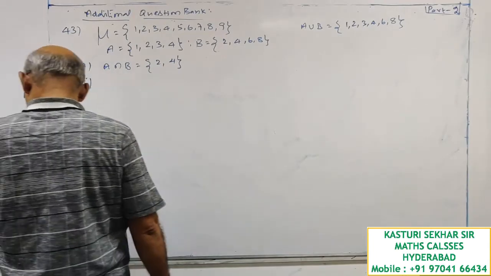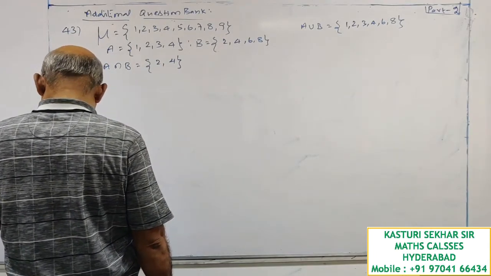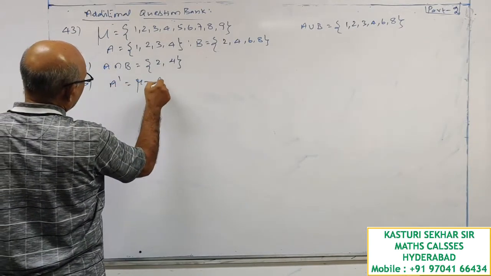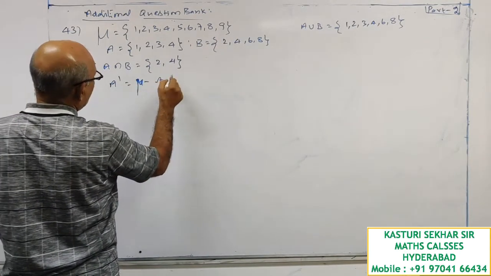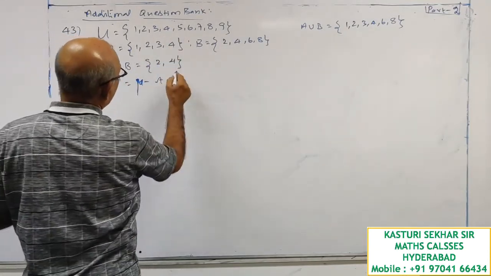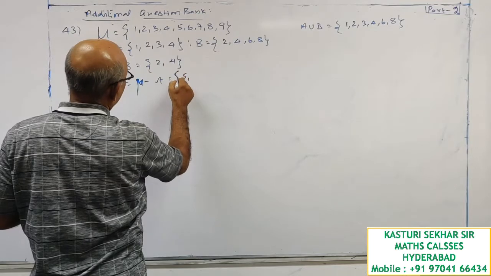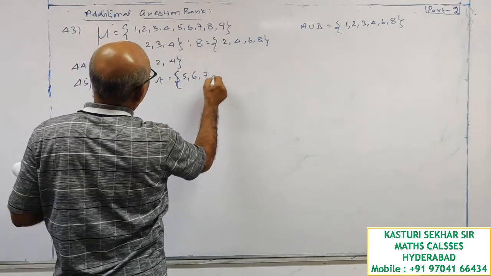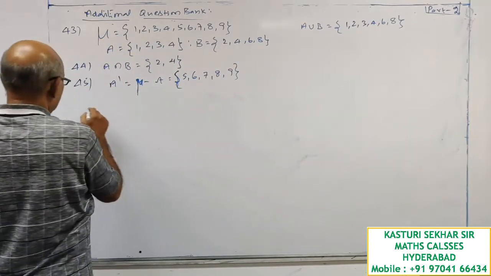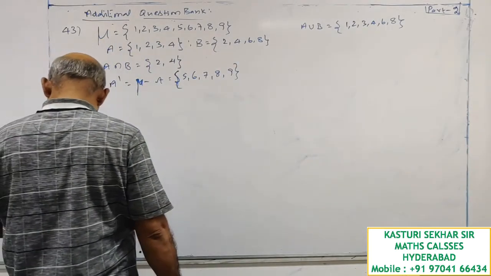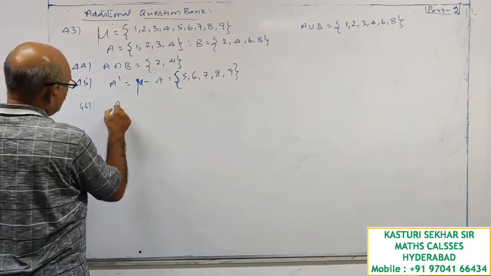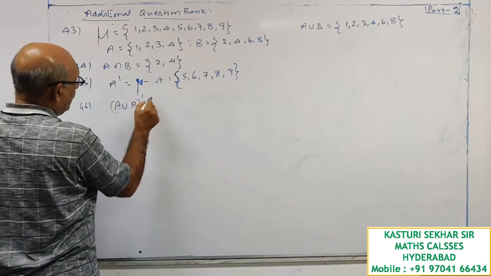45: A complement, which is the universal set minus A. So 1, 2, 3, 4 I have to exclude from the universal set. It is 5, 6, 7, 8, 9. 46: A union B complement.